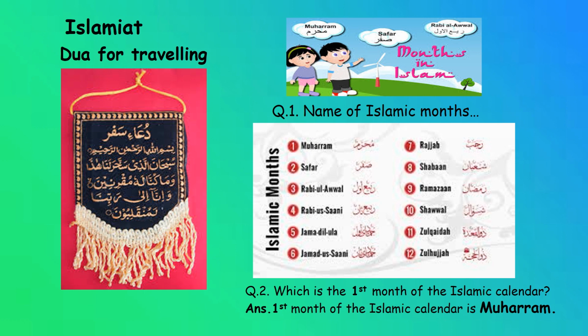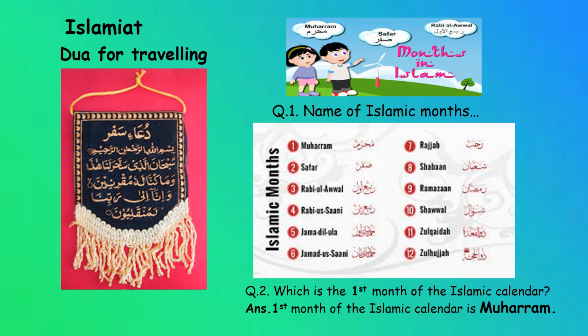Number 1, Muharram. Number 2, Safar. Number 3, Rabiul Awwal. Number 4, Rabiul Sani. Number 5, Jamadul Awwal. Number 6, Jamadul Sani. Number 7, Rajab.